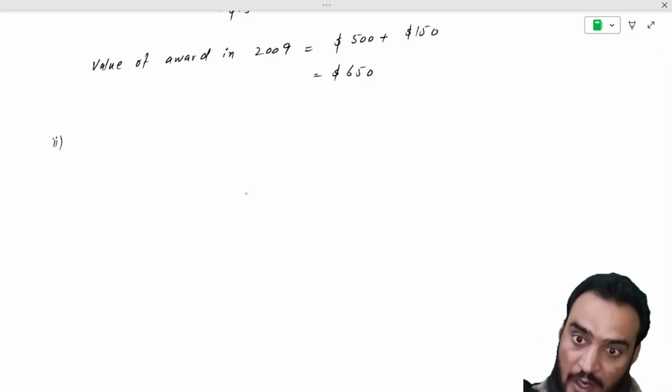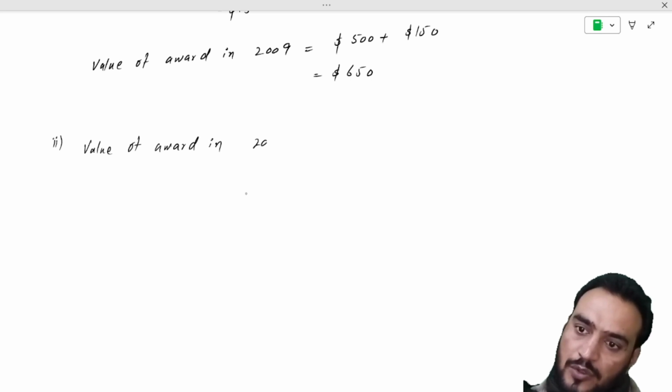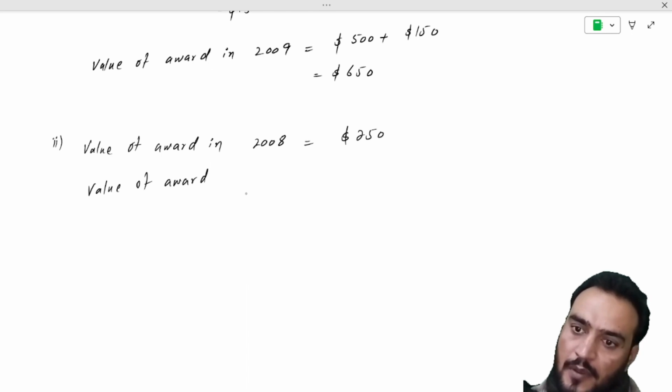The value of award in 2008 is equals to $250, and the value of award in 2009 is equals to $350.